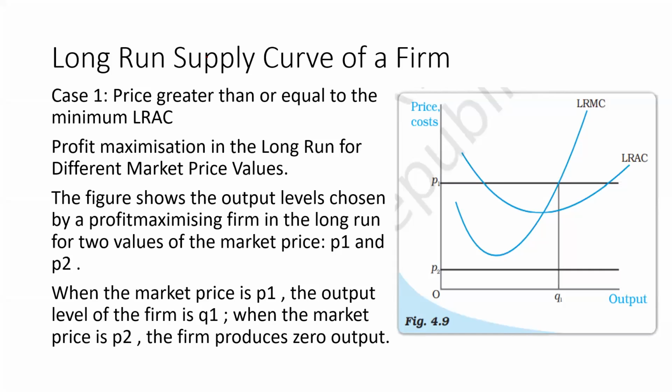Here we are going to use the long run average cost. In the short run, we used average variable cost, marginal cost and short run average cost. Here we are going to use long run marginal cost and long run average cost.